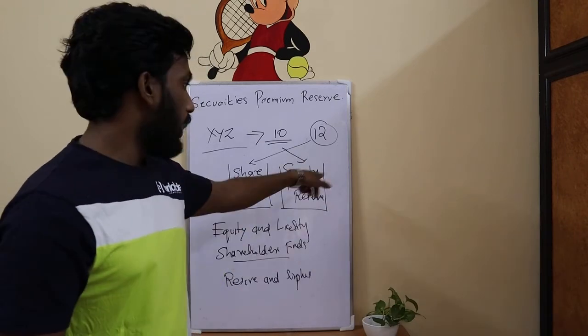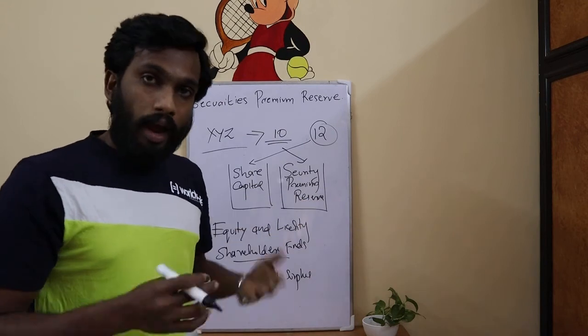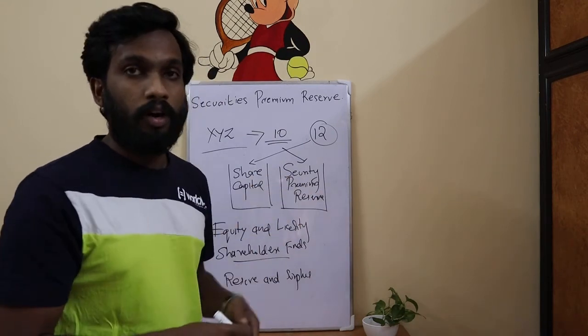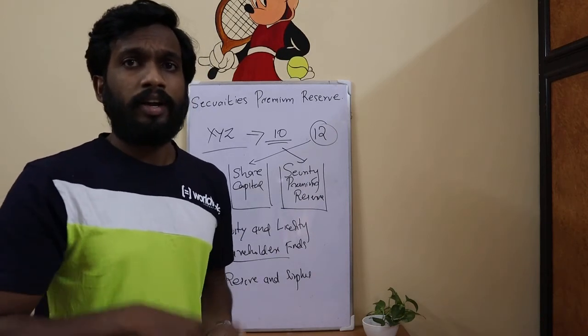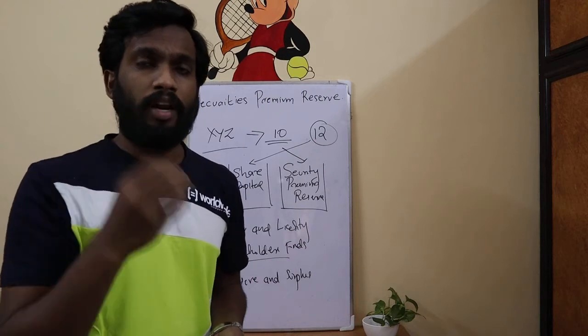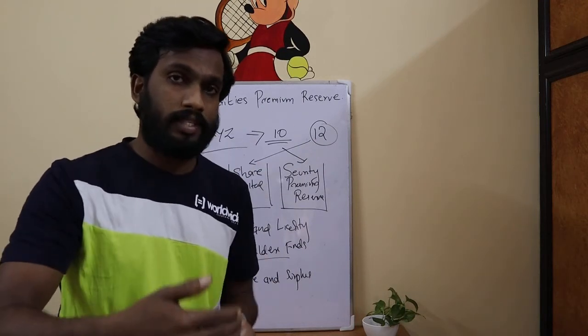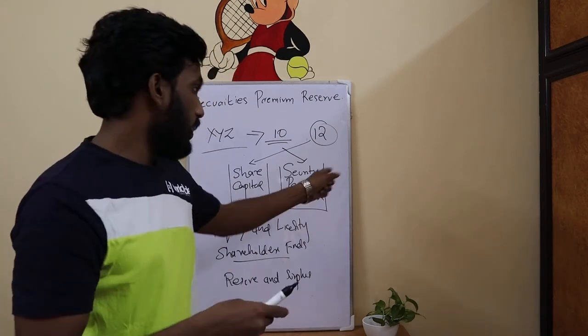That premium amount can be taken from the securities premium reserve account, and the company can also take amounts from SPR regarding expenses, regarding commission or any other expenses which are related to the issue of shares. So any expenses which are related to the issue of shares can be met from the SPR account.